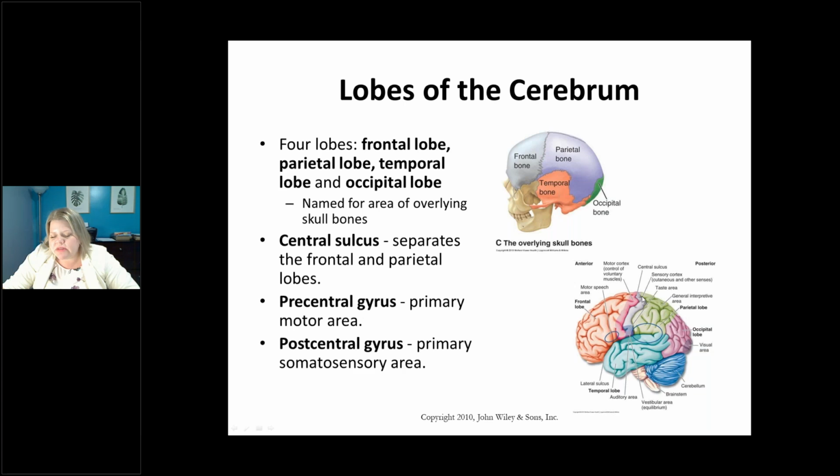The gyrus in the parietal lobe is where there is the primary somatosensory area. Okay, the post-central gyrus is the primary somatosensory area.